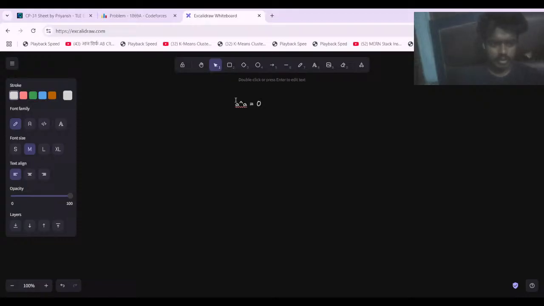Let's say we have 1 0 1 0 1 1 and 1 0 1 0 1 1. From the XOR table, I will draw that table quickly: 0 0 1 1 and 0 1 0. If this is A and this is B, then A XOR B in bit format gives 0 over here, 1 over here, and 0 over here.